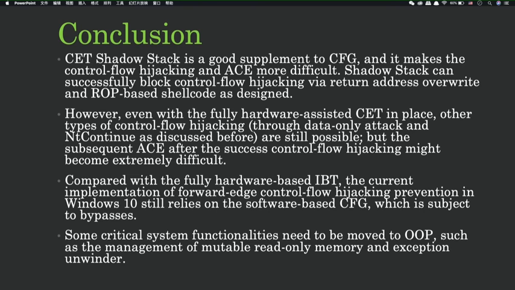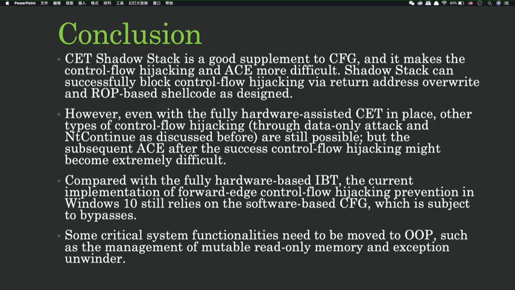But that being said, it is possible to still hijack the control flow, but after we hijack the control flow, we have to find a way of doing something else to run the arbitrary code. With CET in place, arbitrary code execution after the control flow hijacking is becoming extremely difficult, if not impossible.